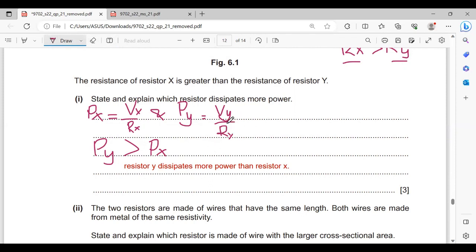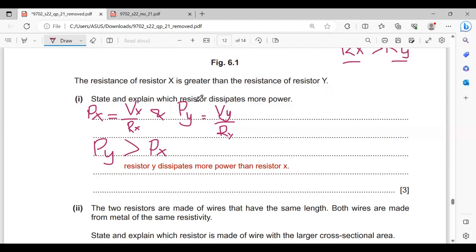If this denominator Ry is less than Rx, it has implications for Py and Px. So Py will be greater than Px. So it means resistor Y dissipates more power than resistor X.